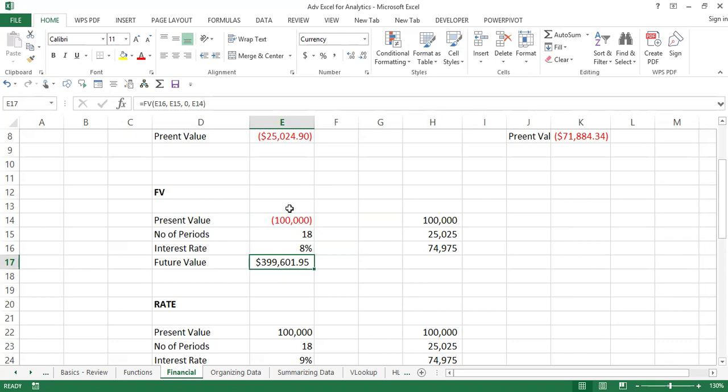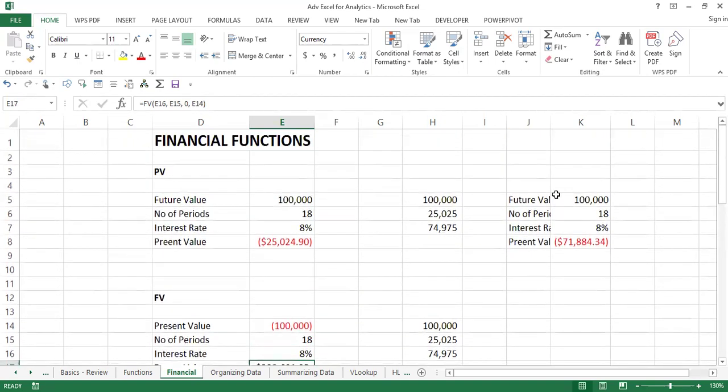Remember how I illustrated this one. I said here, you are doing a fixed deposit to get something back. You are depositing something to get something back.